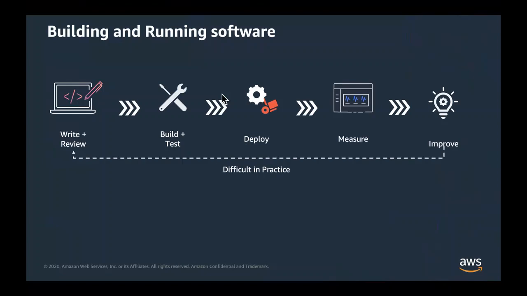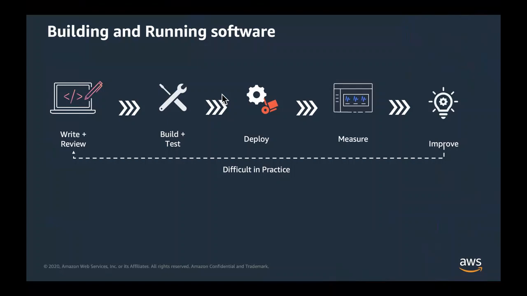Now, it's easy for me to write this workflow on a slide, of course, but it's really difficult in practice to get this right. It requires deep expertise all along, and there's a lot of tedious work to do. You want deep expertise to review your code and make sure that there are no issues in there.